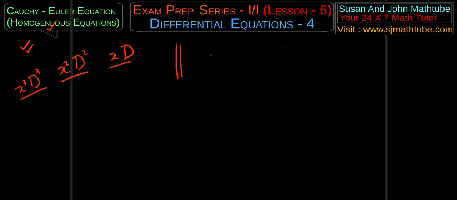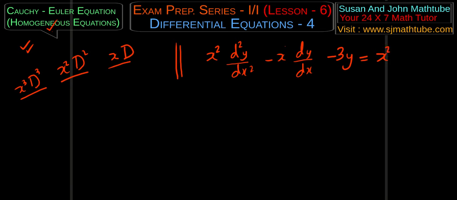So the question goes like this. Solve the differential equation x square d square y by dx square minus x into dy by dx minus 3y is equal to x square into log x. So that's obvious. It is a Cauchy-Euler equation, because in all the other equations which you learn in first year, you have constant coefficients.